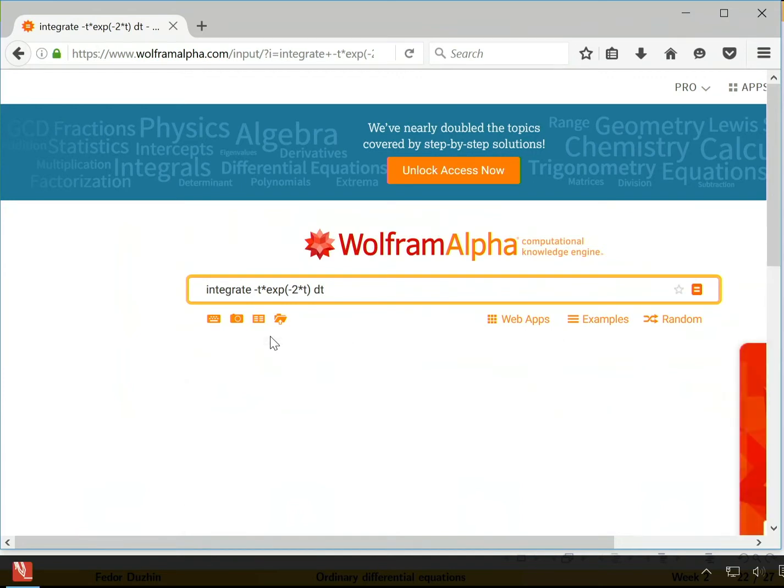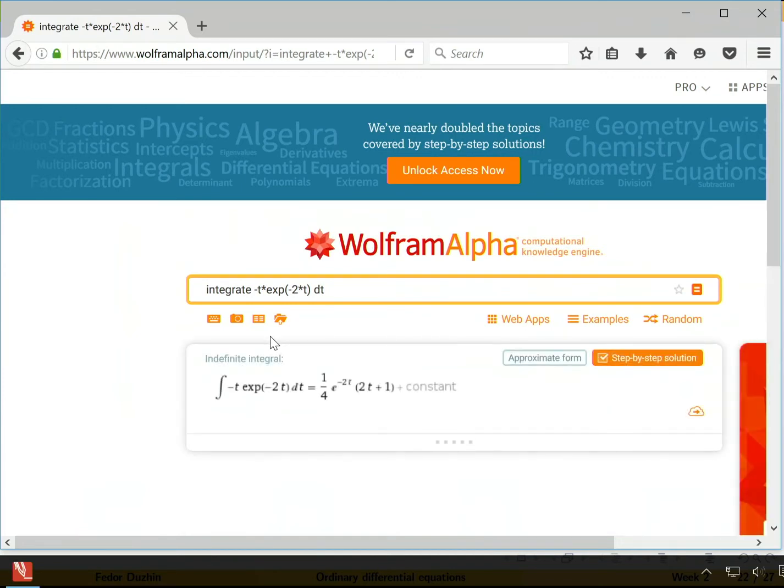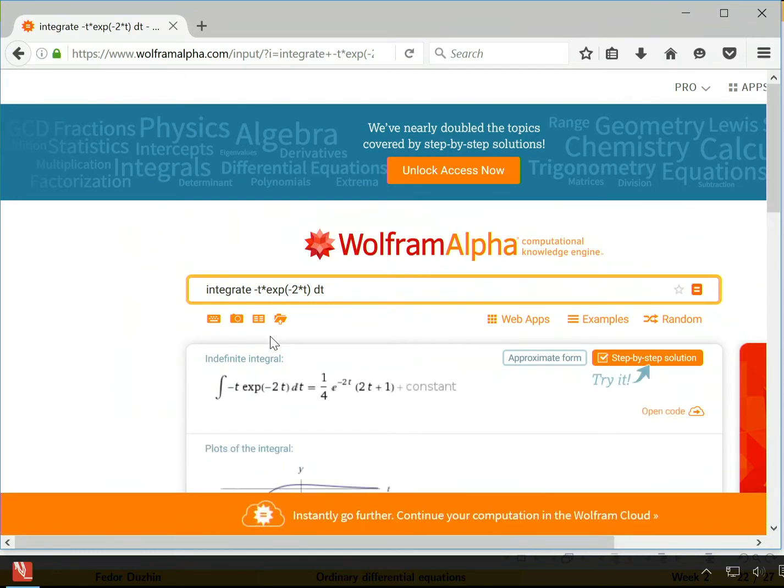I recommend that if you are sure that you are not going to make stupid mistakes in integration by parts, if you don't need any extra practice, then you just skip it whenever you do homework, and you can just compute it in Wolfram Alpha.